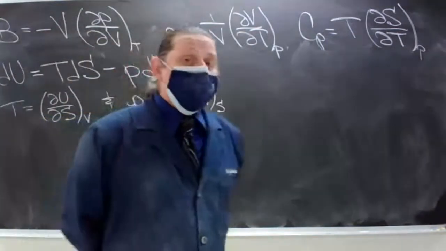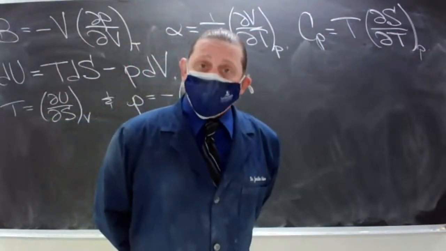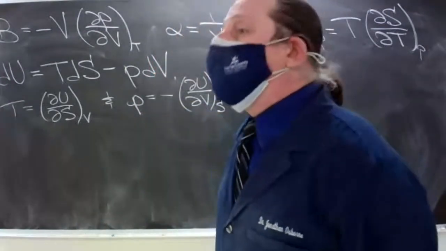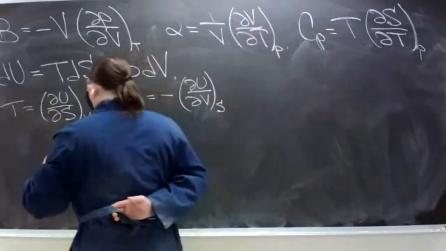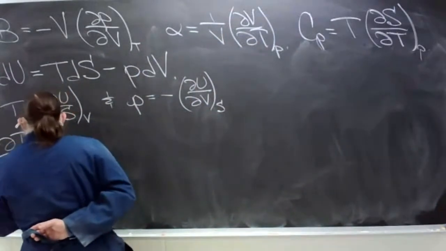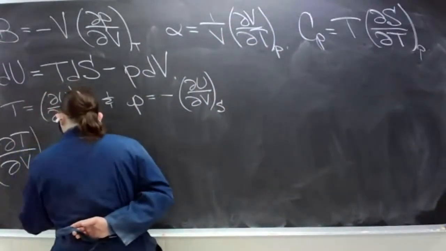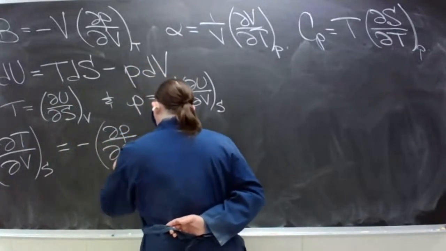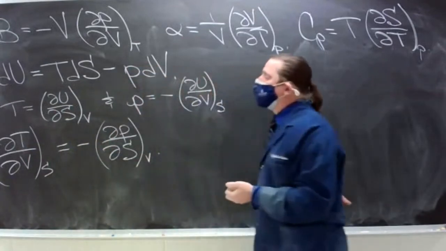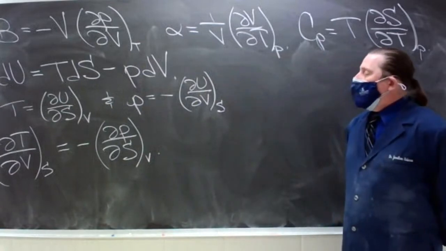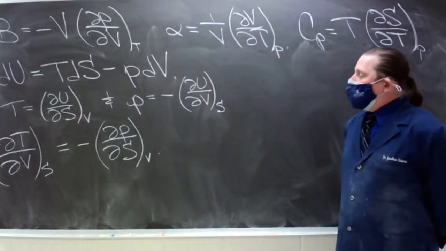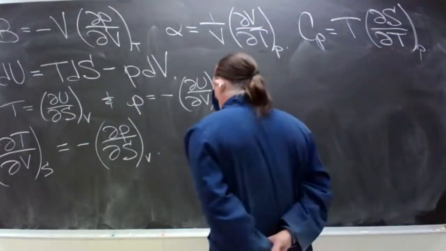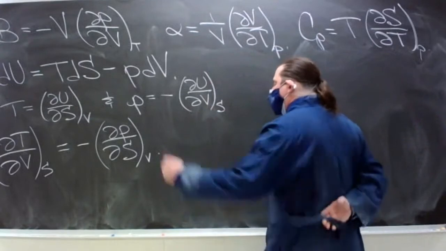Clairaut tells us that the mixed partials, where they're continuous, must be equal. So we would say the change in temperature by the volume at constant entropy is equal to minus the change in pressure by the entropy at constant volume.